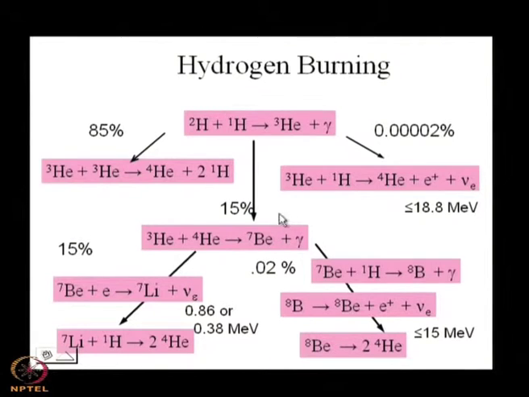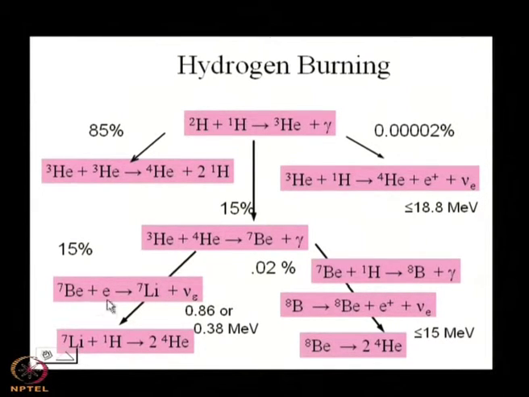Now, having reached here, there again are two paths, and the bulk of the reaction in this path occurs this way. So, here the beryllium 7 collides with an electron to form lithium 7, okay, it captures an electron to form lithium 7 with the release of one electron neutrino, and the energy of this neutrino could be either of these two values.